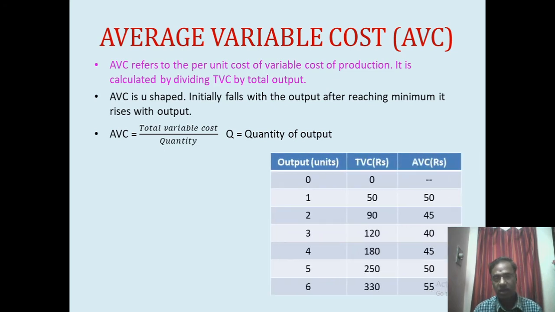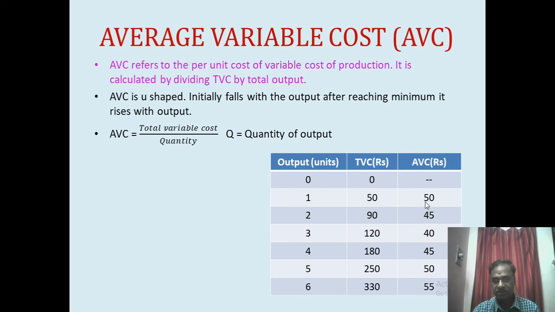And you see the schedule. This is the output and the TVC. AVC is TVC divided by output. 50 divided by 1 is 50. 90 divided by 2 is 45. 120 divided by 3 is 40. You see here, the AVC decreases.